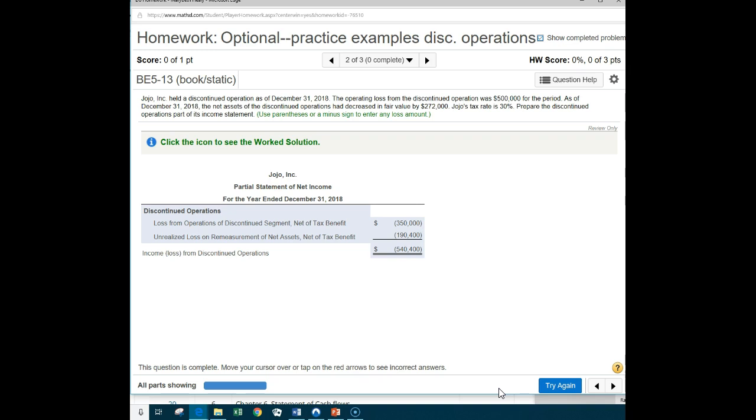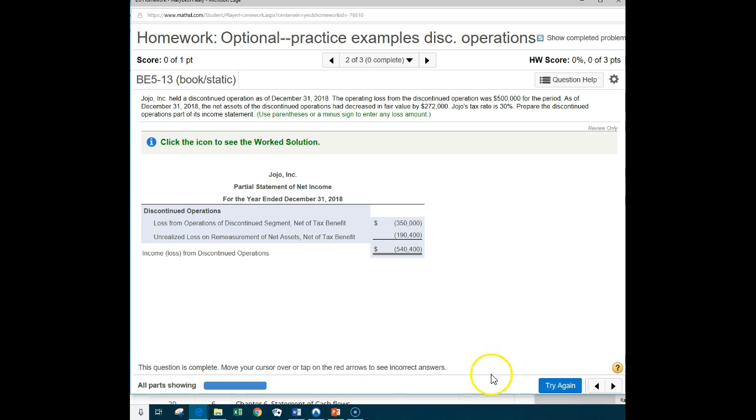The overall loss there is 350. When it comes to the actual plant assets, we take the decrease in fair value, 272, and we're simply taking out the tax benefit there, so you could multiply 272 times 70% and you get the answer. So fairly straightforward.